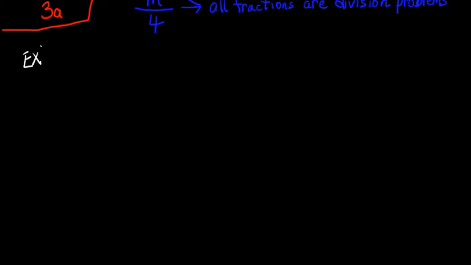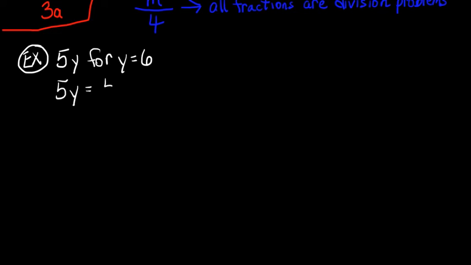Say it says evaluate 5y for y equals 6. That means instead of 5y, it is equal to 5 times 6. And 5 times 6 equals 30.